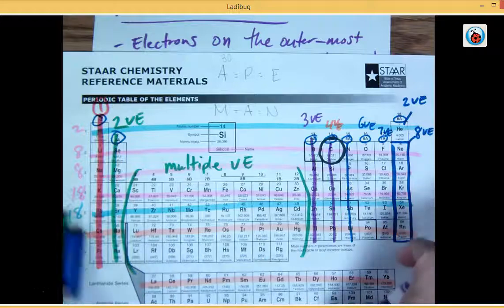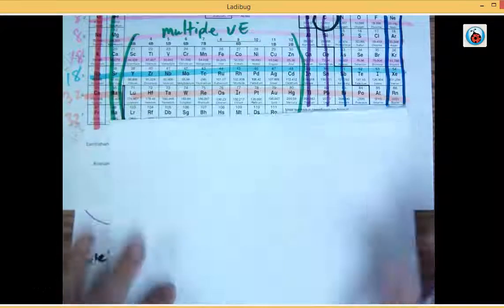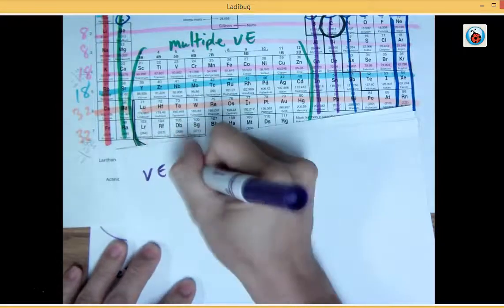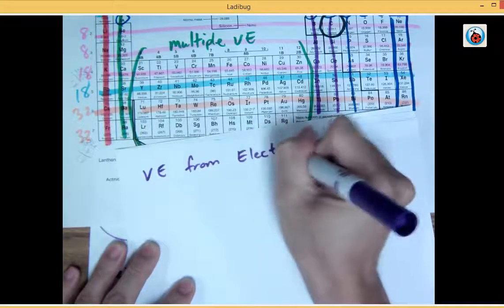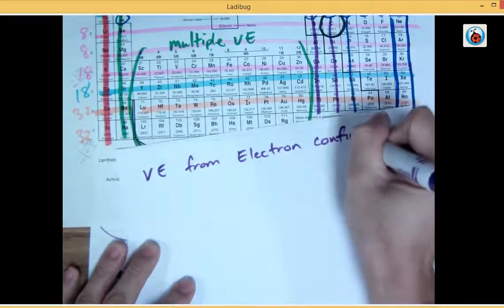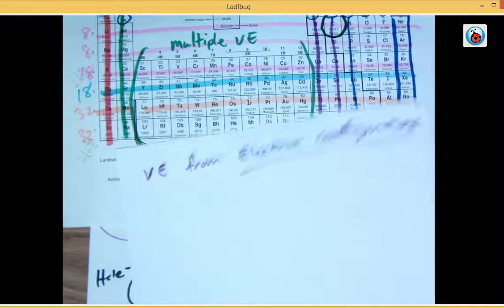One more way to figure out the valence electrons is from the electron configuration. What does that mean?